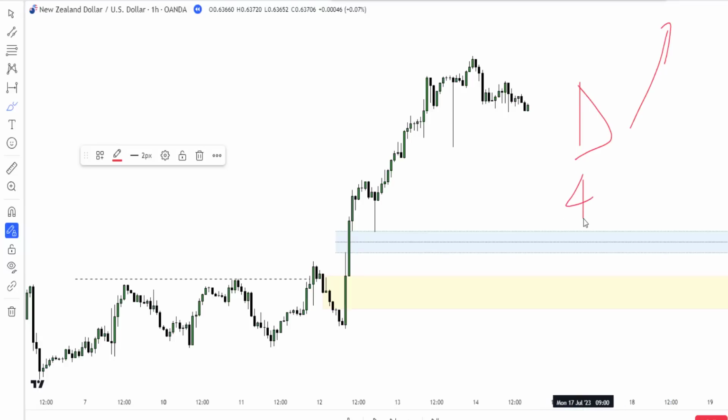My 4-hour is just in between, showing me retracement coming in, but I have not fully seen the retracement ready. I want to see a shift in market structure, and that is why I drop down to 1-hour time frame. All right, to see the shift in market structure coming in before I do anything like selling, because I know they are not interested in going further up. They are interested in coming down.